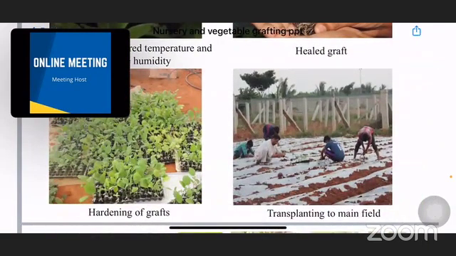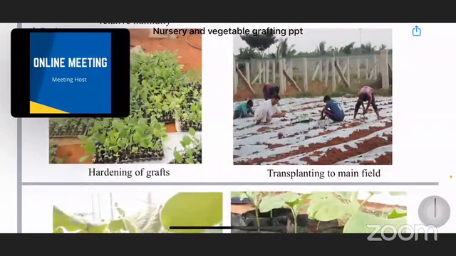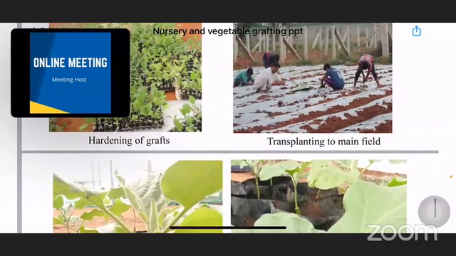After healing, we have to harden the grafted plants. Suddenly, we cannot take them out to the main field, because for these many days they stayed in a controlled condition. They won't tolerate harsh climatic conditions. So we keep them for 2 to 3 days for hardening. Then they will be transplanted to the main field.